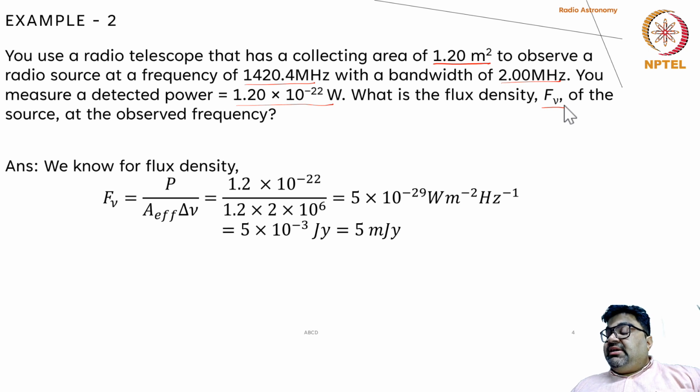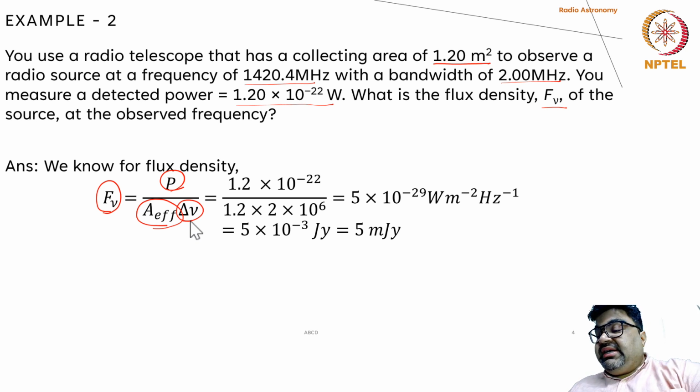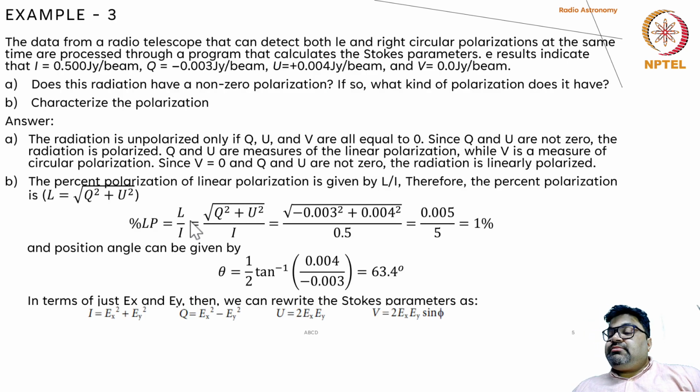It's a bit of going backward; try to explain again if you have any further problem. This links the source flux density with the power, the effective area, and the bandwidth. They are linked in this manner, and if you simply substitute all the values, you will get the final answer.